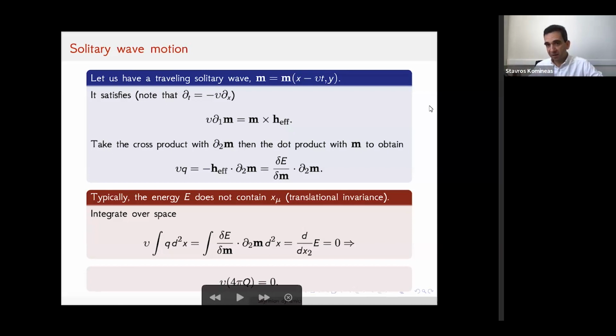Can they move? The simplest way to put this is to assume that they are moving at a constant velocity v. So m is a function of x minus vt, y, something propagating in the x direction. So x and v are connected, and it's a wave.